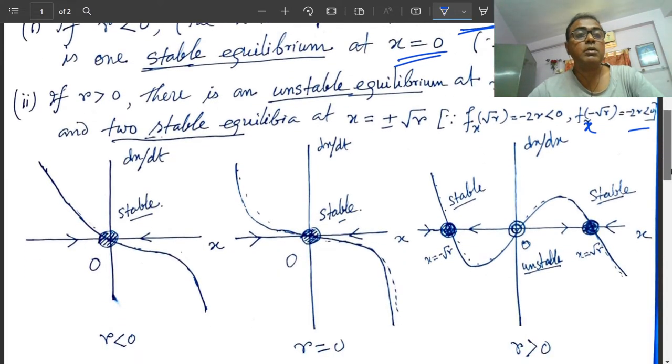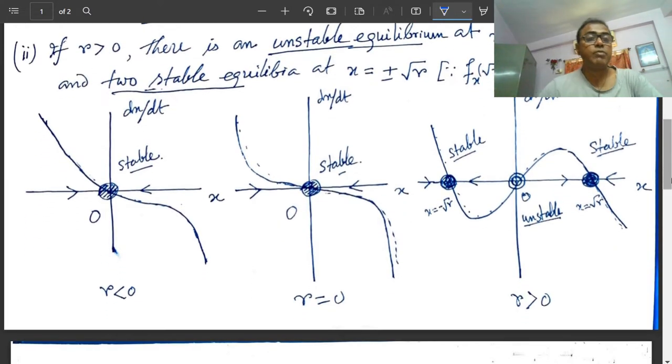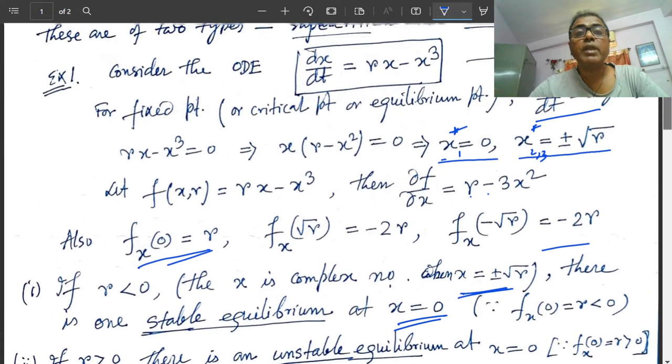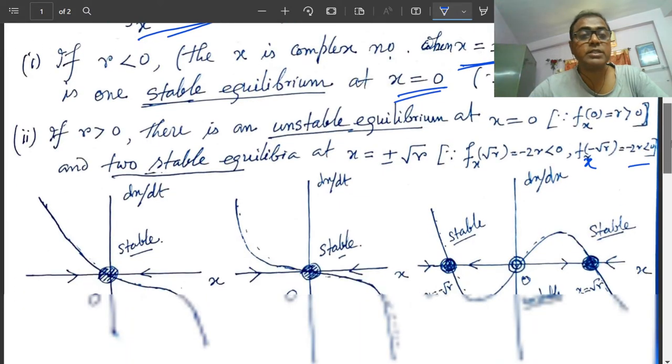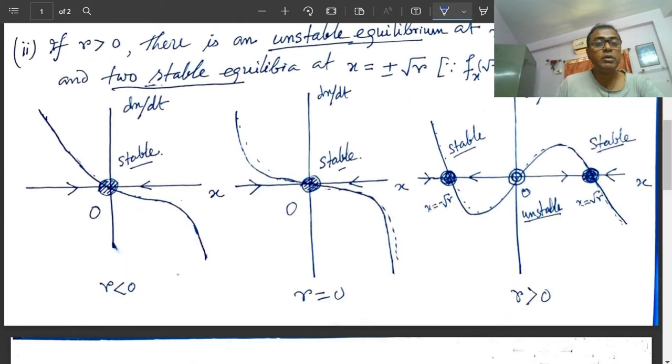Now we draw the phase portraits for r less than 0. This is the graph of the curve y = rx - x³. The horizontal axis is the x axis and the vertical axis is dx/dt, which equals y = rx - x³ when r is negative.